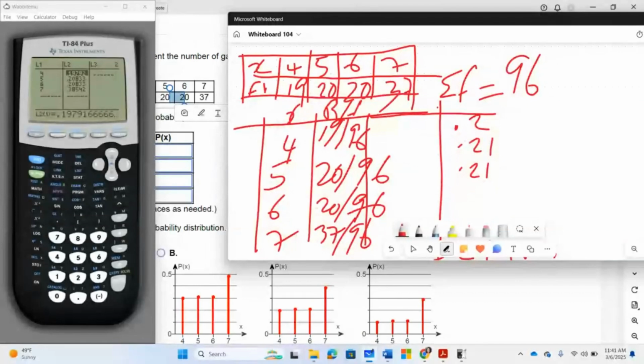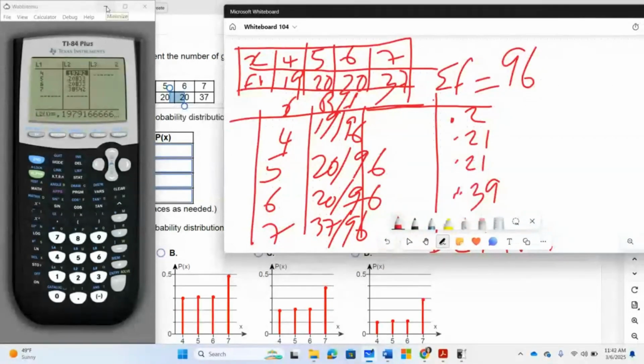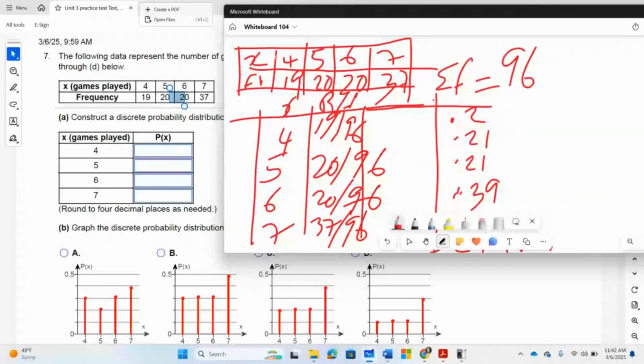All right, so you're told to draw a bar graph, and that question doesn't mean histogram.